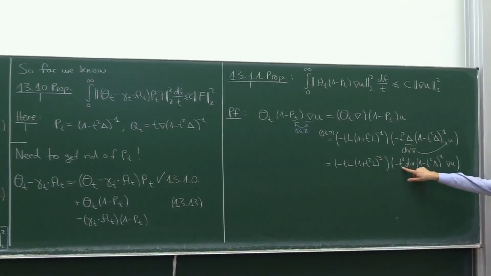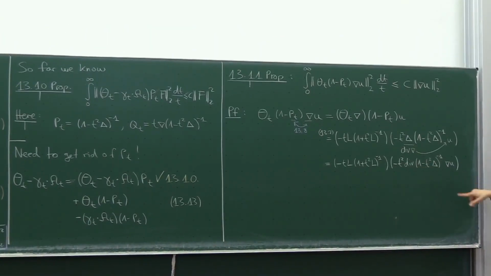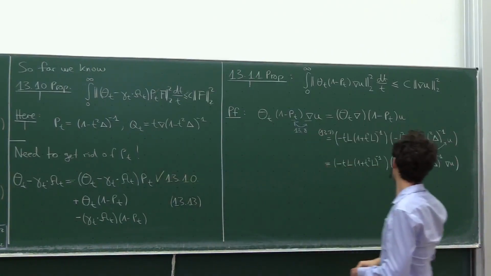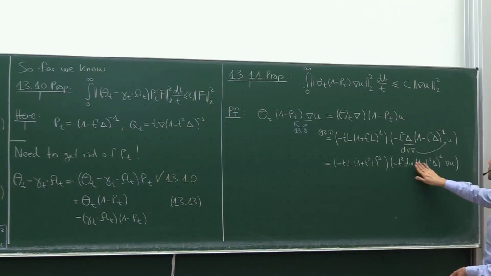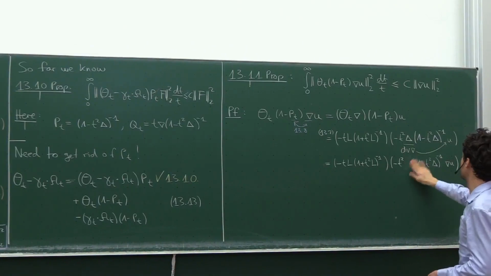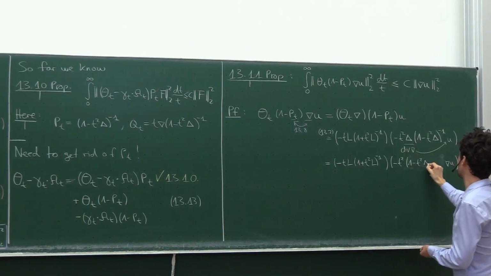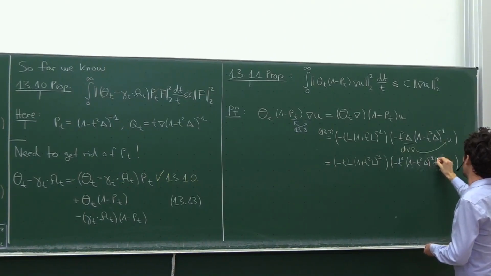These guys here, minus divergence resolvent, they are the adjoints of Qt. Maybe I want to pass also the divergence to the other side. Maybe that's better. I can do that because these objects all commute in Fourier space.